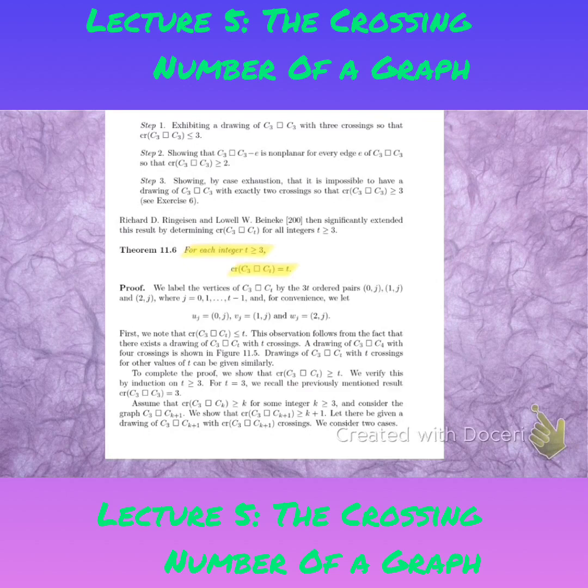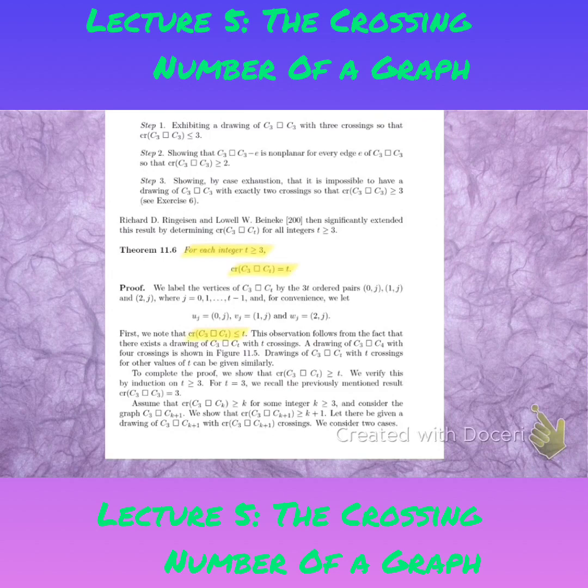They label the vertex uj as the jth one of the vertices on the jth triangle, vj is the other vertex on the jth triangle, and wj is the other one. And then they note that the crossing number of this graph is at most t.